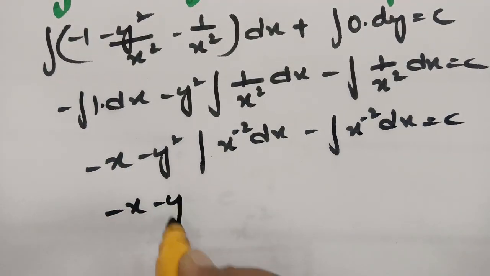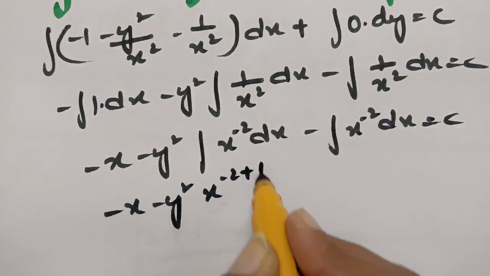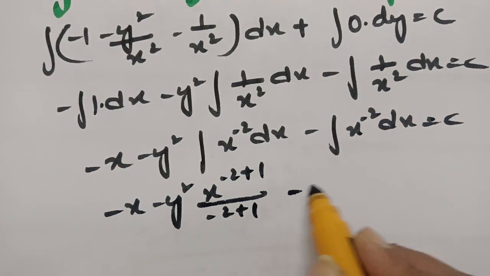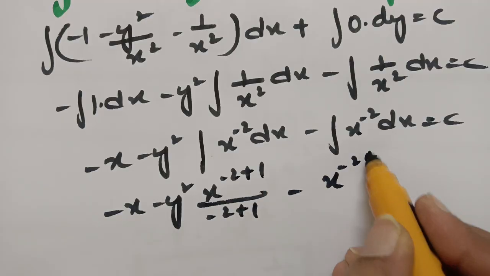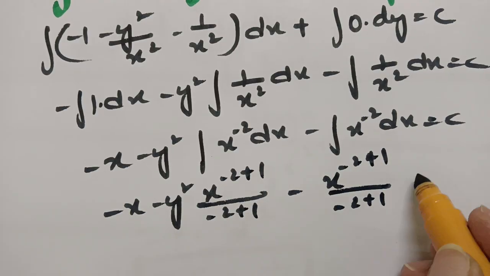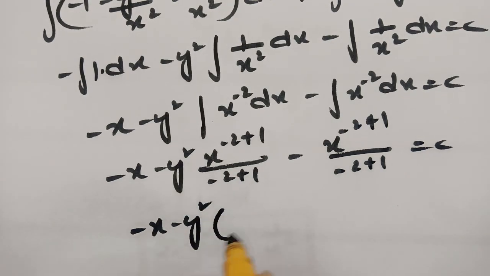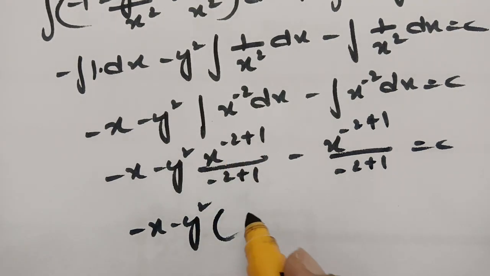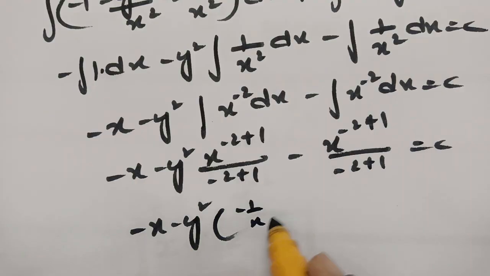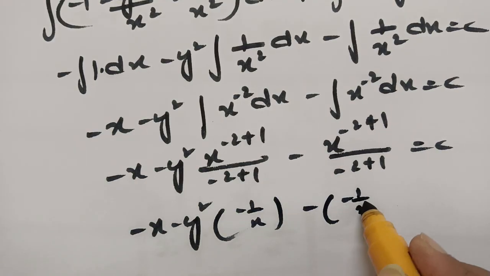This is minus x minus y square, x power minus 2 plus 1 by minus 2 plus 1, which is equal to c. So this is minus y square, and this is minus 1 by x, and this is also minus 1 by x.